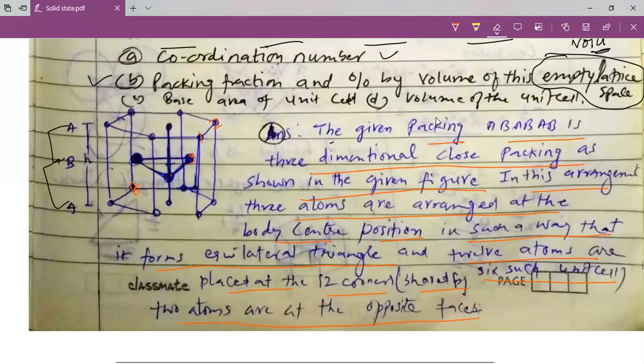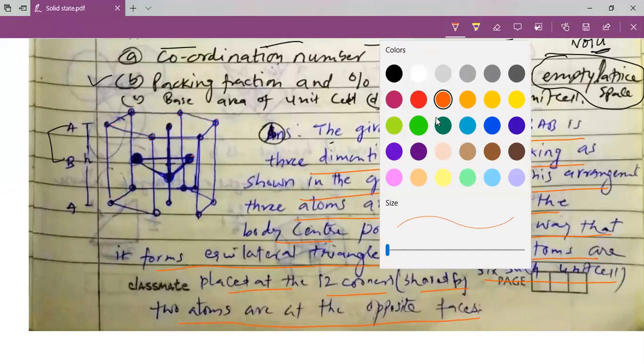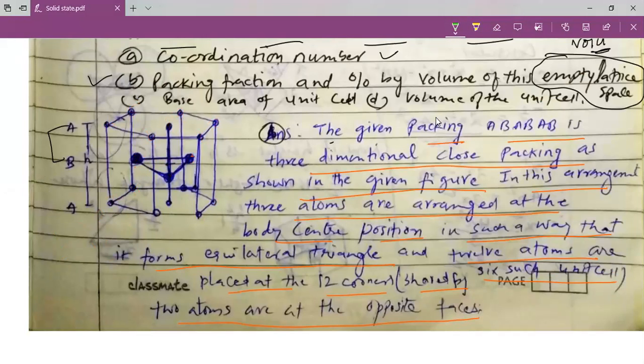So, my dear students, let me explain this very well. Let's think about this particular cell first. So this sphere, if it is available, is in contact with 1, 2, 3, 4, 5, and 6.